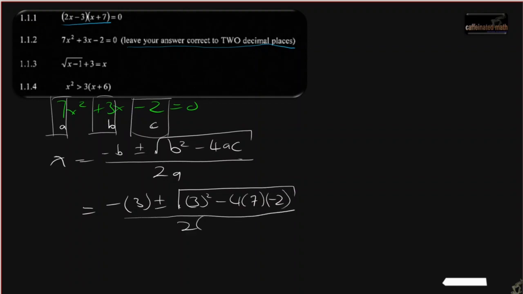And that's all divided by 2 times 7, of course. Yes, our calculator told us the values earlier. So those are going to be 0.36 or negative 0.79. That's all we can do about that, but that's all that's required also.